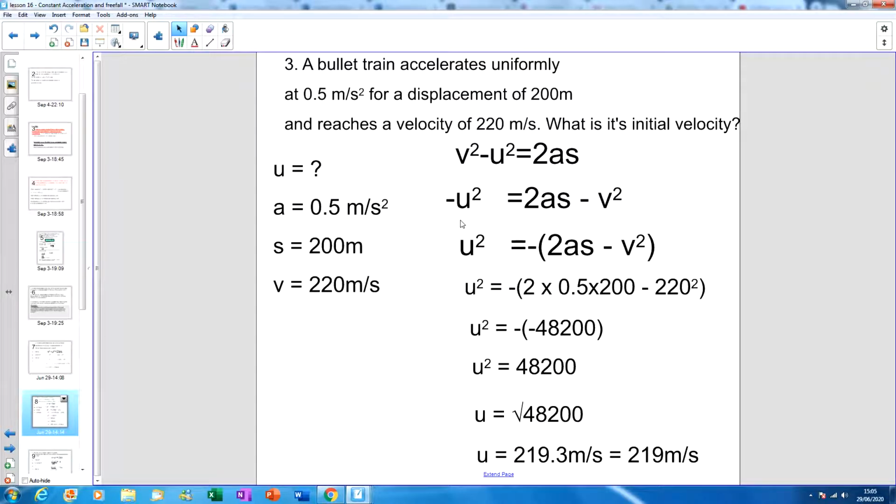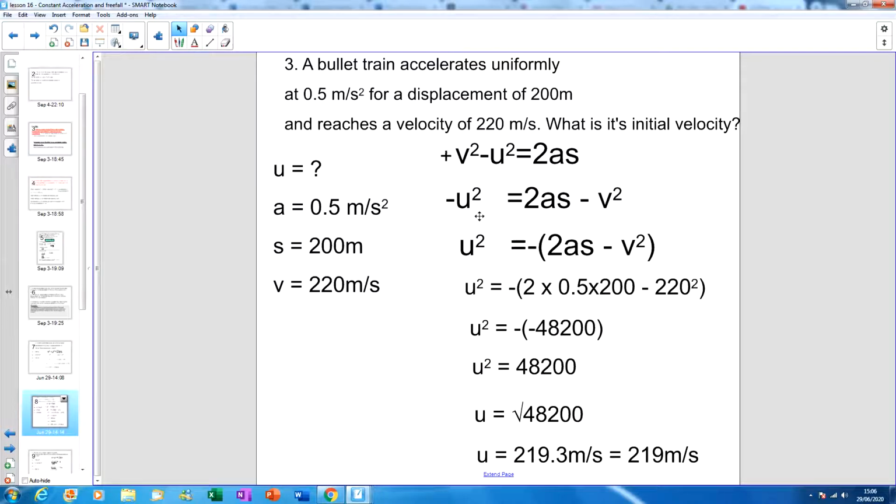And in this case, we need to get u on its own. So we need to move this v squared term, and if the sign isn't there in front of it, that means it's always a plus v squared. So you have to do the opposite to plus v squared, which is minus v squared to both sides.